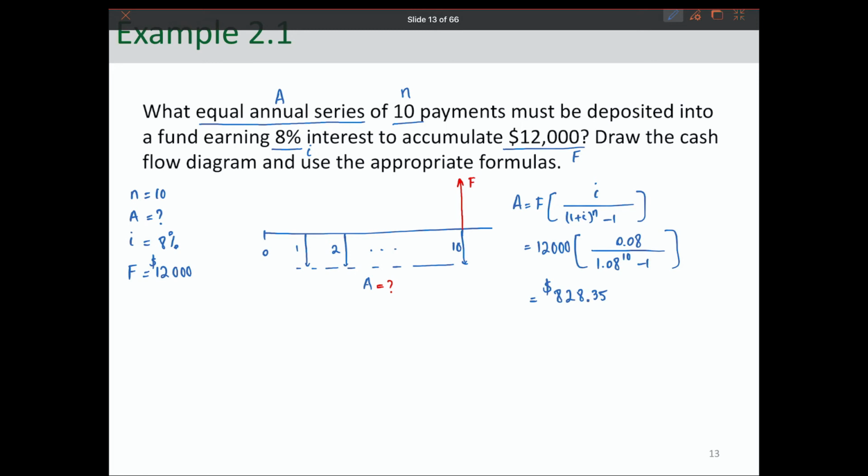The other way to compute A here is to basically use the factor. A is equal to F times A given F at 8% and 10 periods.